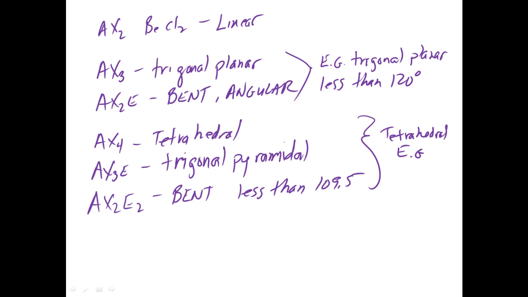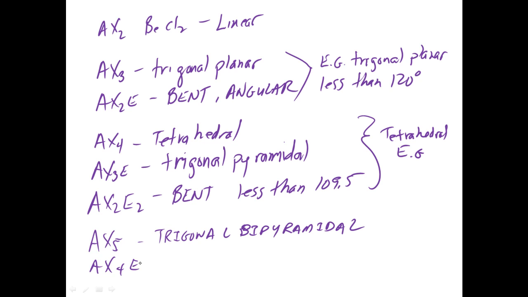Alright, and then we did the category AX5, which is trigonal bipyramidal. And then we had the subcategory AX4E, which was seesaw.